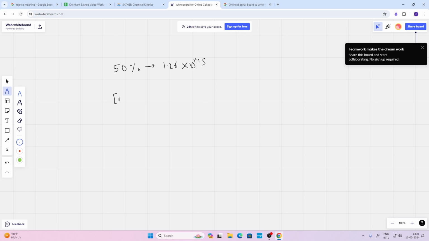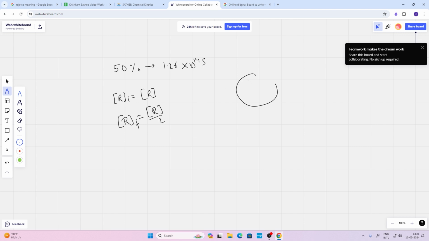How much time will it take for 100% completion? Suppose the initial concentration is R. Now it is said that 50% is consumed, or half of the initial concentration is removed. So what will be left? R final would be simply half.